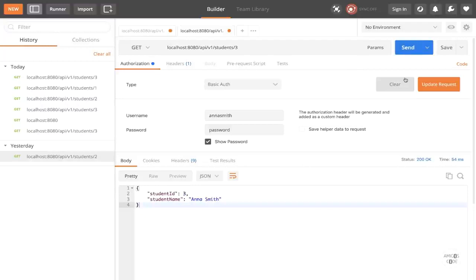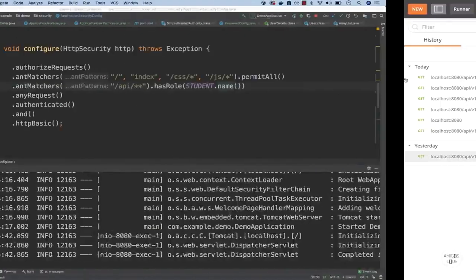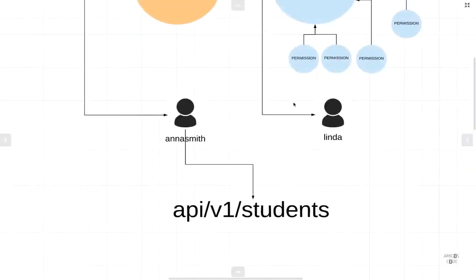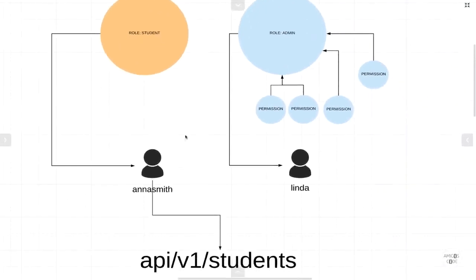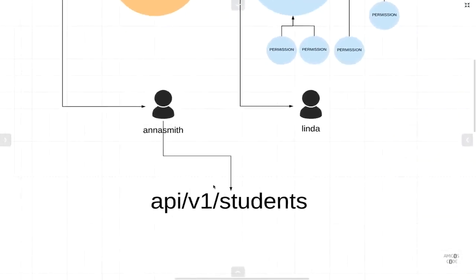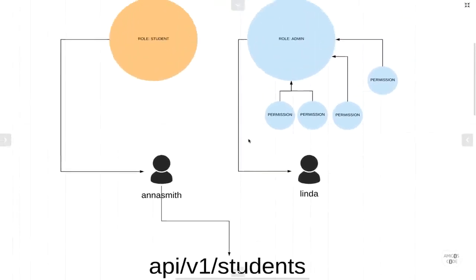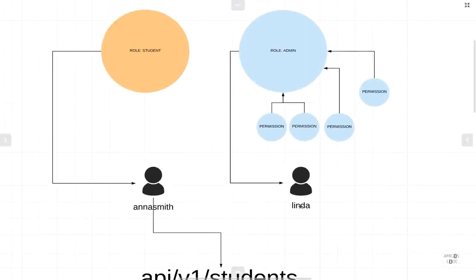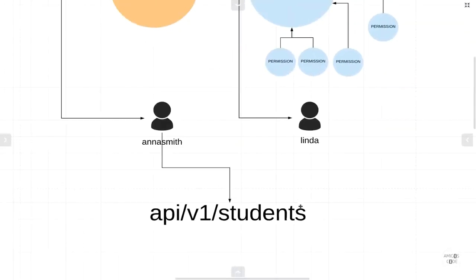For now, you can see that we are using role-based authentication to protect our API. Only Anna Smith with the role student is able to access this API, and Linda is forbidden from accessing. This is the power of role-based authentication.